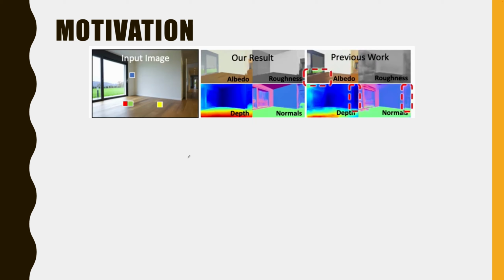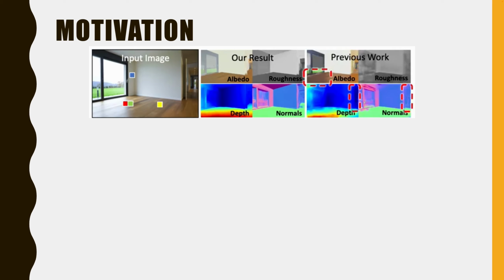So here there's the teaser of the paper. You can see that you have the input image, and those are the results. You have 4 different outputs: the albedo, roughness, normals, and depth. There's also lighting, but it's not being shown here. And as you can see, compared to previous works, you have a much sharper division between, for example, the walls and the floor, both for albedo and roughness, also normals and depth.